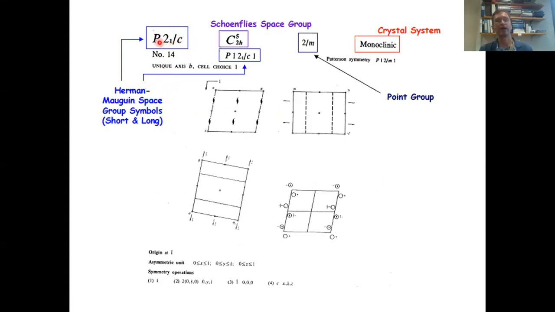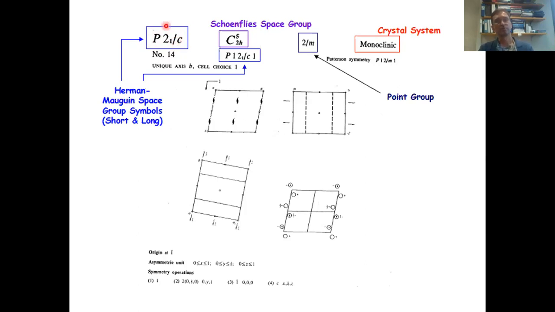That means that our space group is associated with a primitive unit cell, and in one of the 3 directions we have symmetry elements. In particular, we have a 2-1 screw axis and a C glide plane which stands perpendicular to this screw axis.